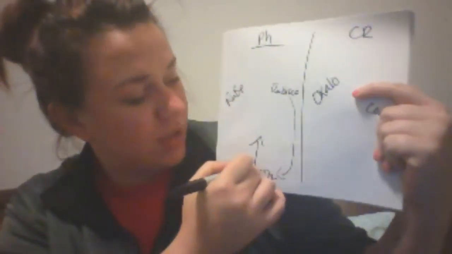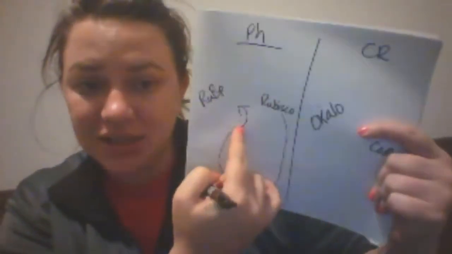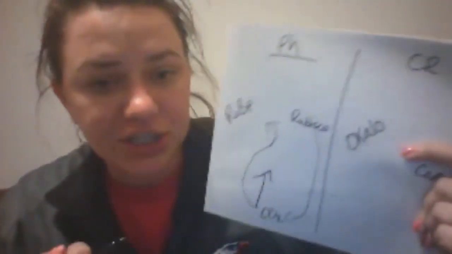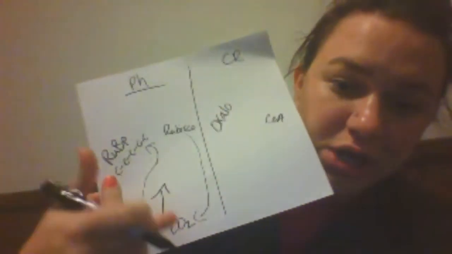CO2 gets added to RuBP: I'll take you, buddy. This 5-carbon molecule now gets a 1-carbon molecule attached.